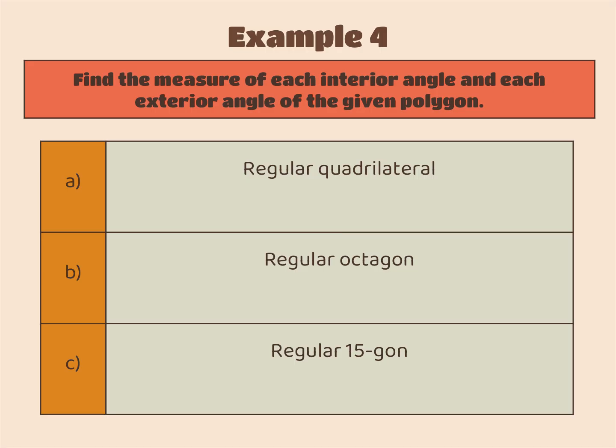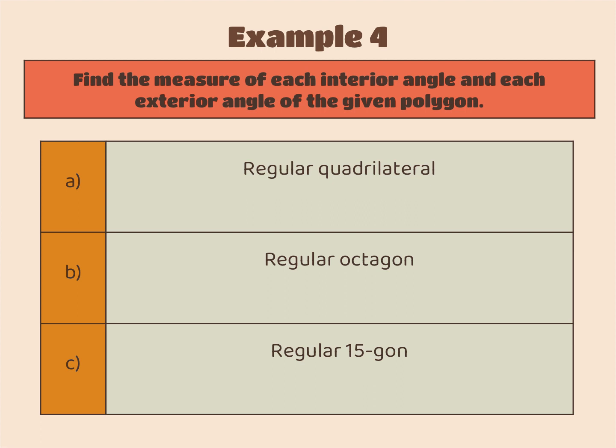All right, looking at the last example, it says find the measure of each interior angle and each exterior angle of the given polygon. These are all regular polygons, so that means all my angles and all my sides are going to be congruent. So 2 things I'm going to use.